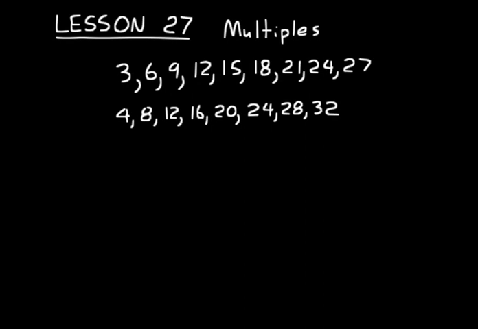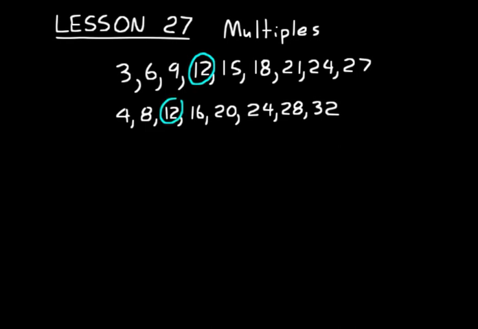Okay, now least common multiples. What those are is when you're comparing 2 or more numbers and the multiples of those numbers, whatever multiple the numbers have in common and that is also the lowest. So look at this, 12. Both of those have a 12 in common.